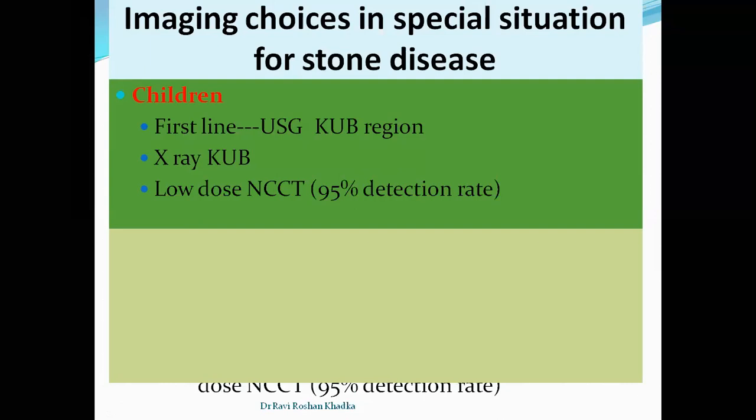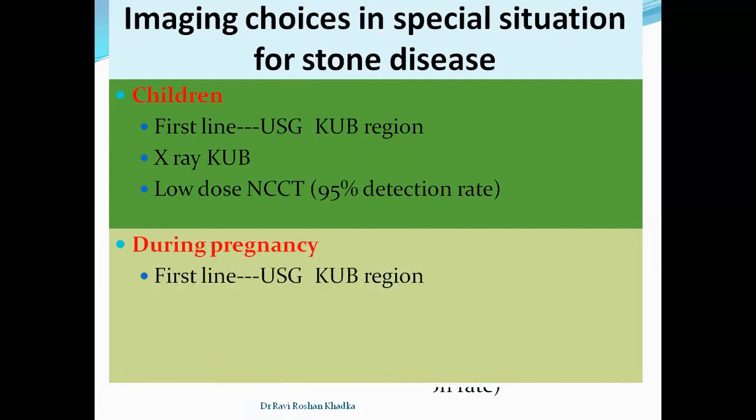Similarly, in the pregnant lady, we all know that we cannot do the radiation thing. So the first investigation is always ultrasound KUB, and we can go for detailed imaging by MRI. MRI is the second line.